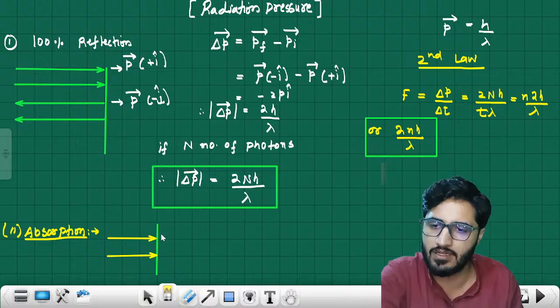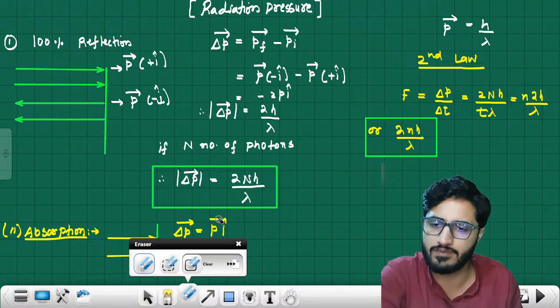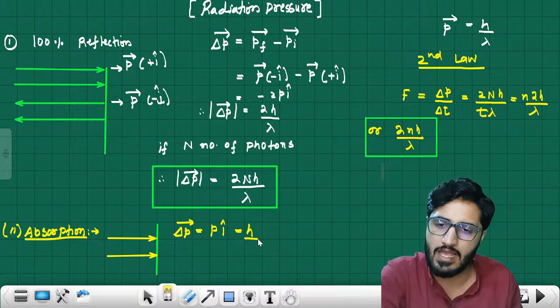So you can write delta P is only P I cap, which is equal to h by lambda. If n number of particles present, that means n h by lambda.